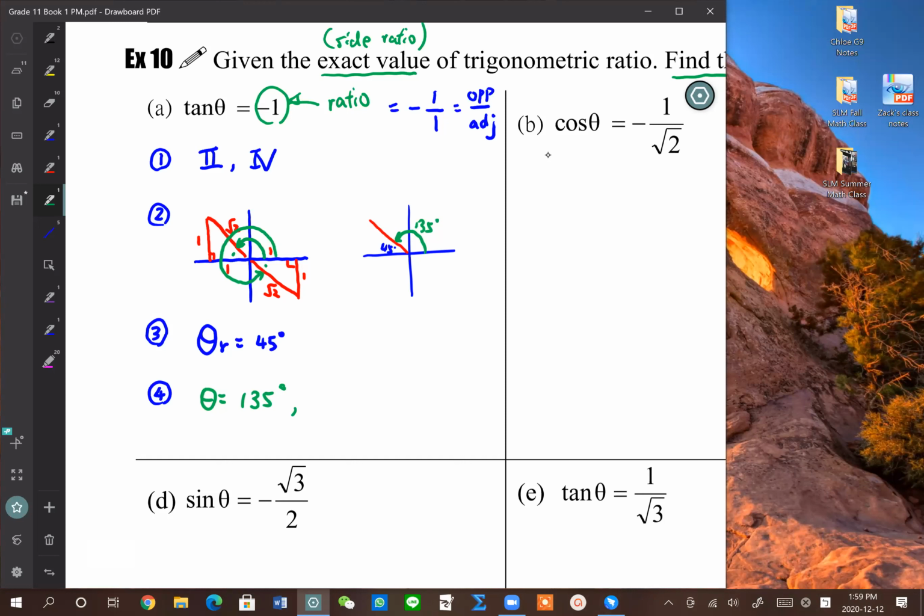Is it 315? 315? Yeah, okay, how did you find that? 270 plus 45. Okay, yeah, that will work for this one, okay?